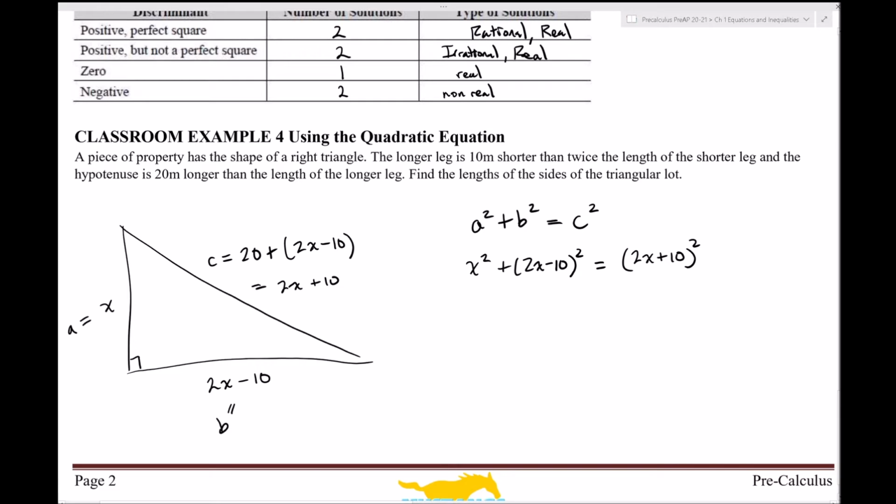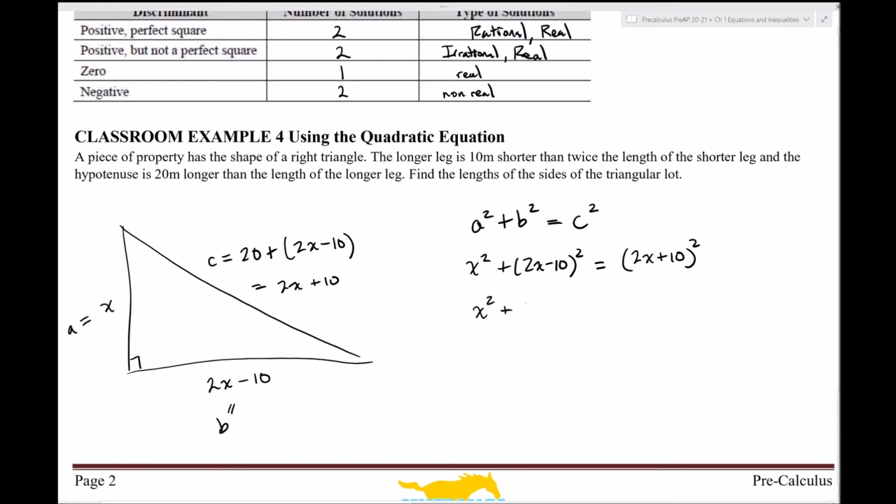So there's my setup: a squared plus b squared is equal to c squared. We need to simplify and then solve for x. This is most likely a quadratic equation. We have x squared plus (2x minus 10) squared.